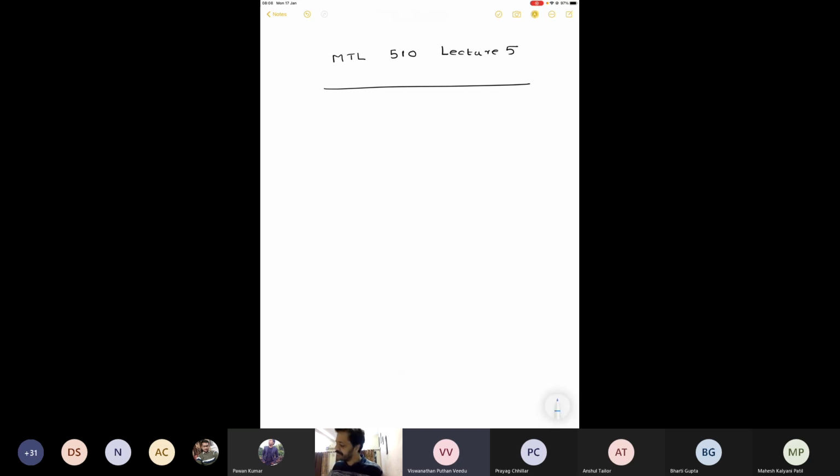I have done this previously as well, but this is just to recall. Let us take a step function, defined on the closed interval 0, 1.